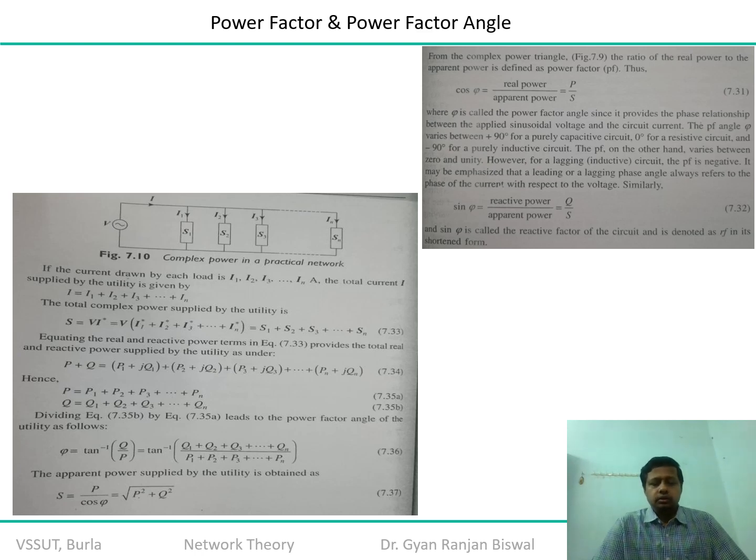So I ask you a very fundamental question. If you look at the entire distribution of the supply, from a local transformer a certain number of energy meters are energized, and through those energy meters you are getting power.